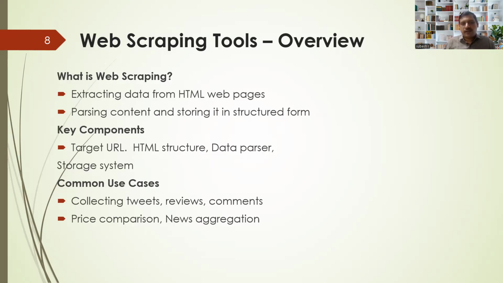The key components are target URL, HTML structure, data parser, and storage system. The common uses are collecting tweets, reviews, and comments, price comparison, which we discussed already, and news aggregation. If you are searching something, Google search all works on the concept of scraping and crawling methods.